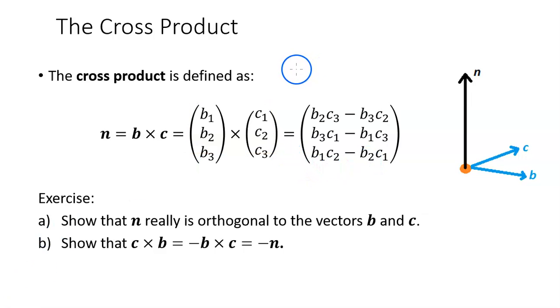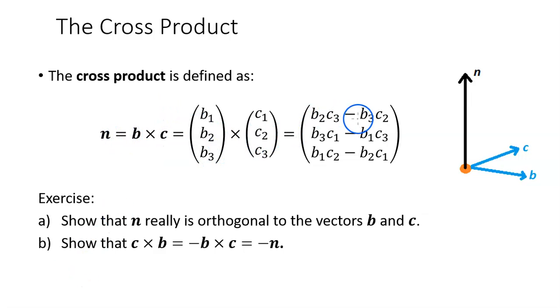So it's pretty easy to remember. Just calculate 3 determinants, kind of like cofactors really, where you delete the ith row, and then calculate the determinant of the remaining 2 by 2 matrix, and then don't forget to times the middle one by -1.